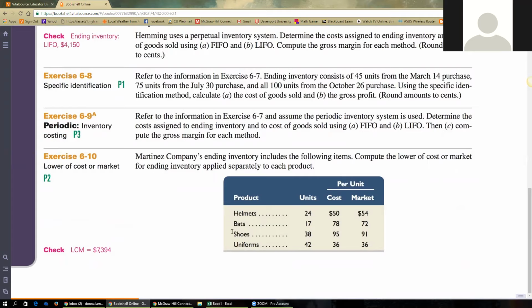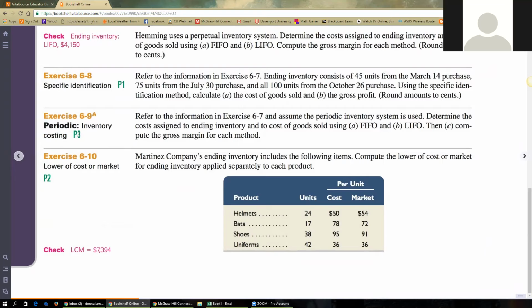They look at what they have. So this place has 4 products, how many of each one they have, what they paid for them when they bought them, and what they'd have to pay now if they wanted to buy more of them. So like helmets, they have 24 of them.